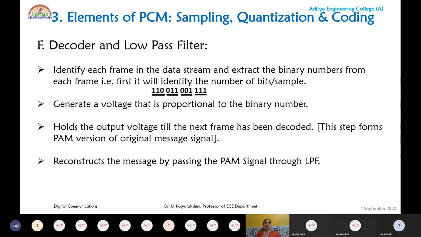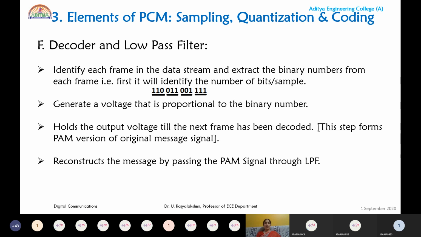Like that, the decoder will first identify each frame in the data stream and extract the binary numbers from each frame. The decoder first divides the whole sequence into a certain number of frames, such that each frame consists of n bits per sample, so 3 bits per sample here.